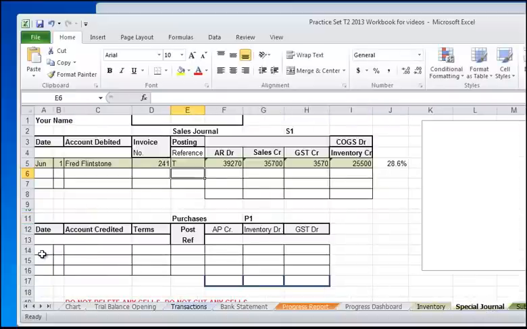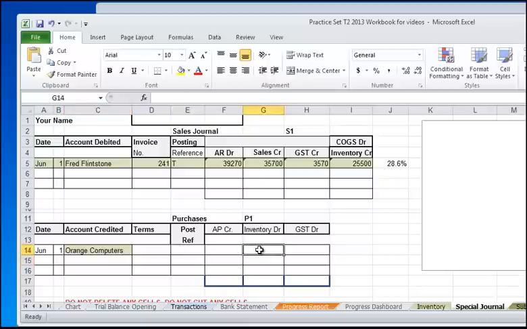The date in the purchases journal, this one, June 1, and this was Orange Computers, I think. Terms, what are our terms of trade? I'll come back and look at those. Posting reference. What's the change to our inventory?